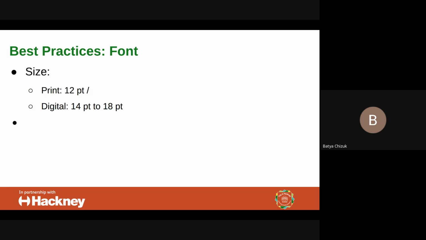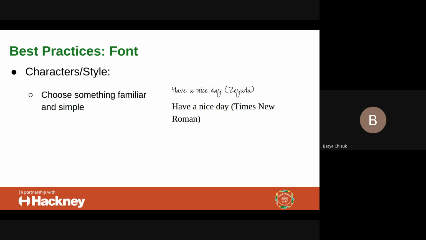So font 12 point. That's the general one for print to make sure everybody can read it. And for digital, more like 14 point. Next. So you choose something familiar. Times New Roman or Arial is pretty good for everybody, but if you go into something like a font script, as far as I'm concerned, that says mice have a rice day, which isn't very helpful.